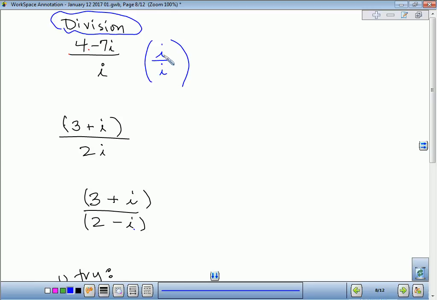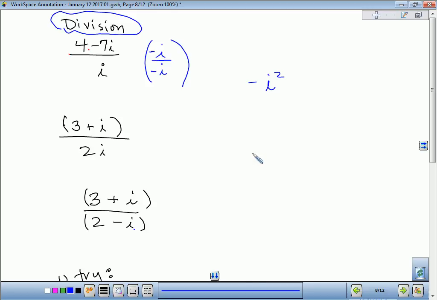So when we multiply by something over itself, it's really multiplying by a value of 1. But magic things happen. Now, yesterday we actually talked about a conjugate. And instead of multiplying by i I would like to multiply by negative i. Why? Because what is the value of negative i squared?